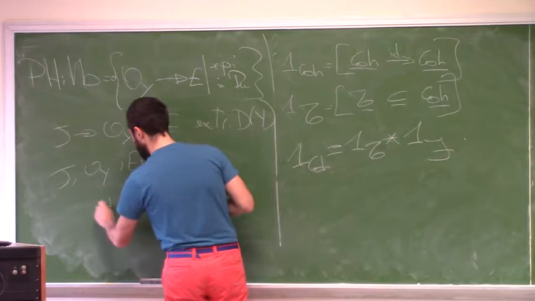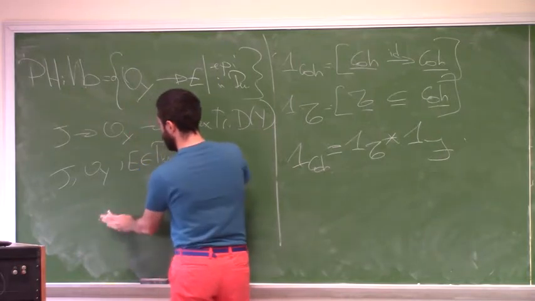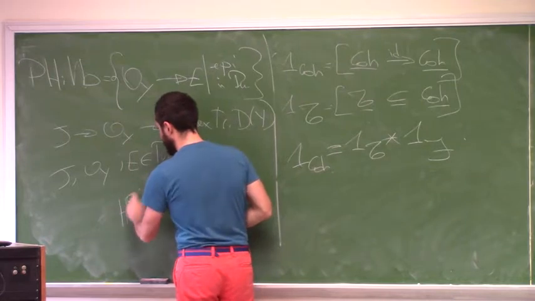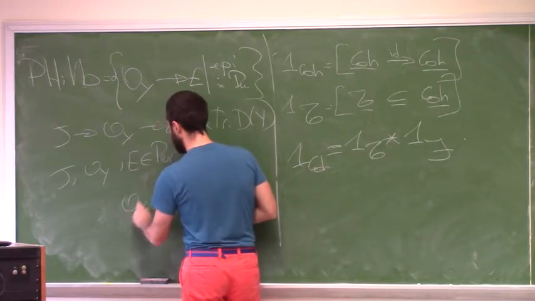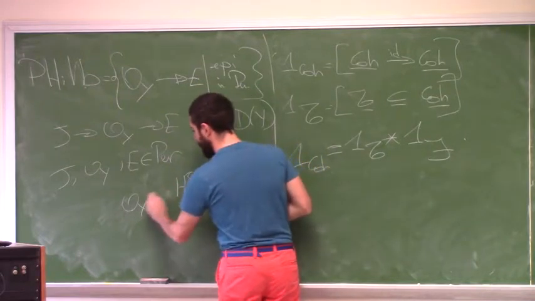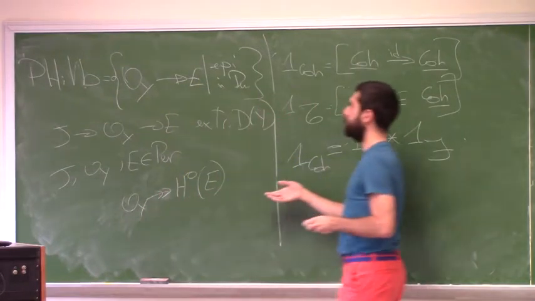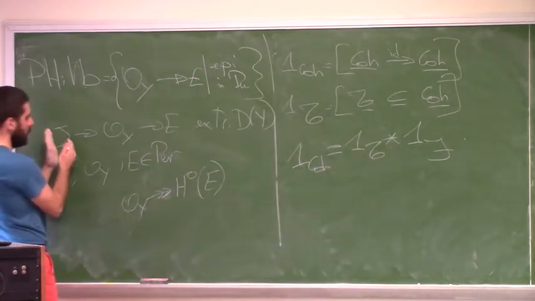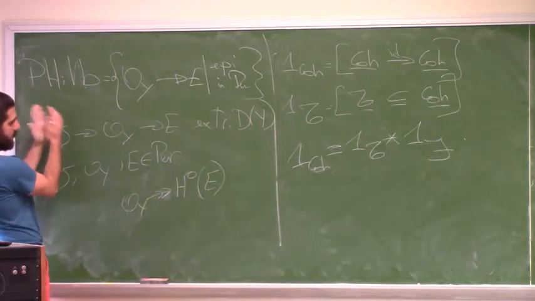The point is that from an exact triangle like this, I can look in cohomology and I'll get a map from O_Y to H0 of B. And this map has to be a surjection, because these were perverse coherent sheaves, so they were concentrated in degrees -1 and 0.